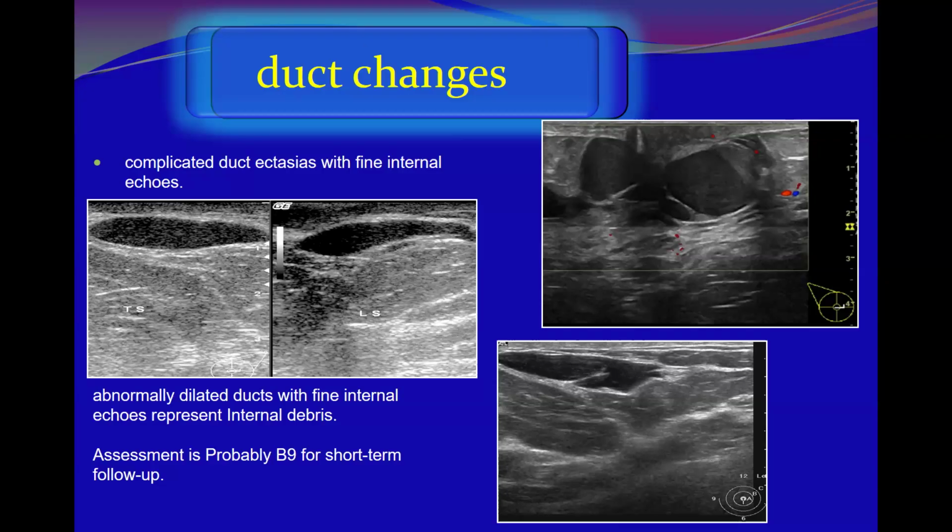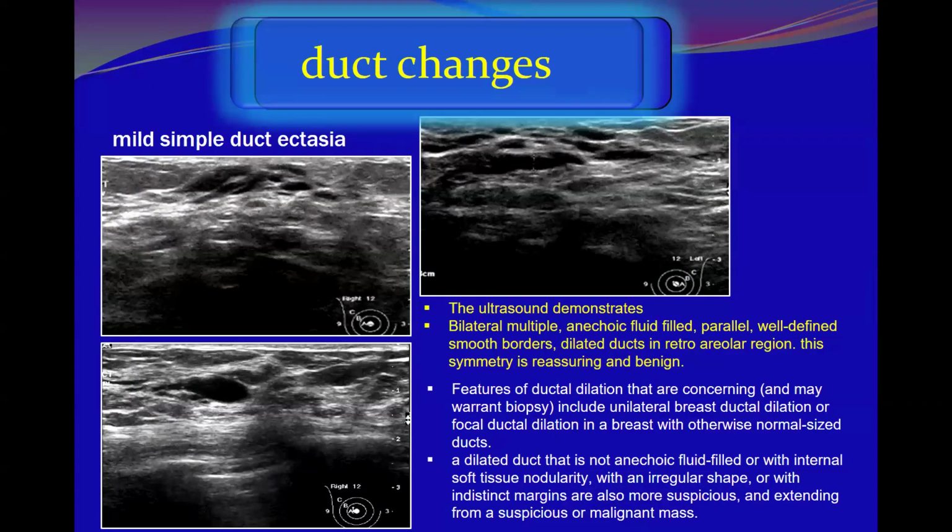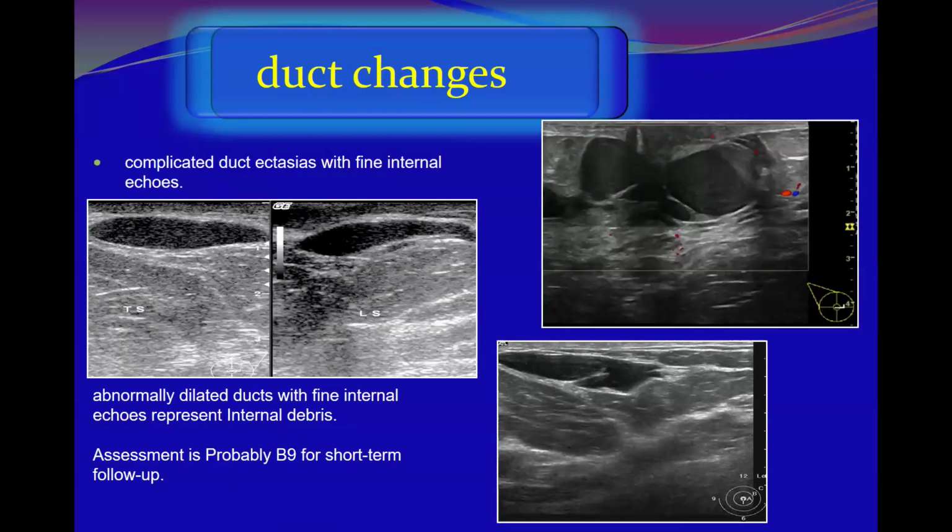So you mean that when you see a solitary duct, you should not take it lightly. If you have seen something like this, it will be reassuring: it is bilateral, multiple ducts, anechoic. I'll be relaxed. But if I have seen a single duct, I will not be relaxed.